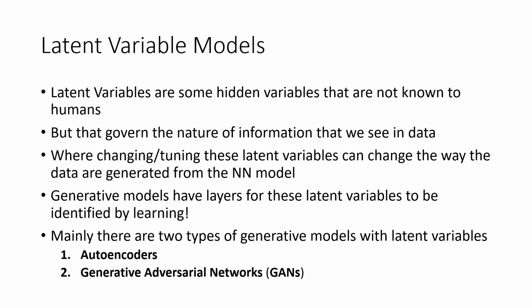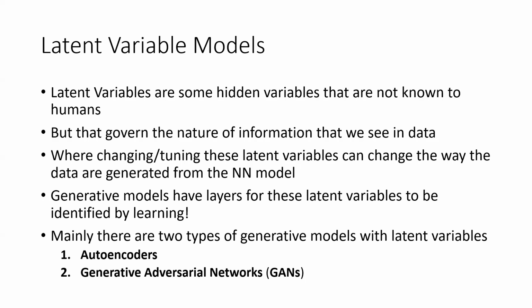You can't change those things as simple variables. But with latent variable models, they can extract those hidden variables, and we have the opportunity to manually change those things and generate images as we wish. That is actually an amazing thing. That is what we are going to learn about these generative models.